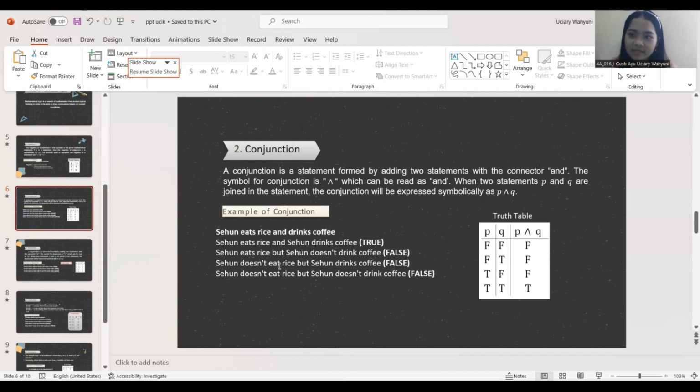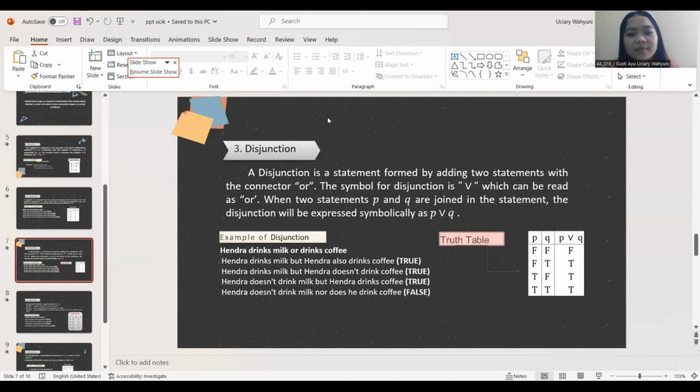Sehun doesn't eat rice, but Sehun drinks coffee. This sentence is false. Sehun doesn't eat rice, and Sehun doesn't drink coffee. This sentence is also false. So, to know when the sentence is true, we should look at P and Q. If P and Q are true, the conjunction is true.